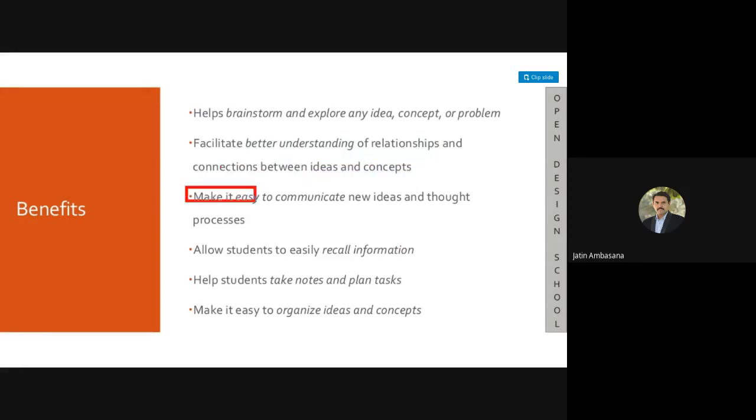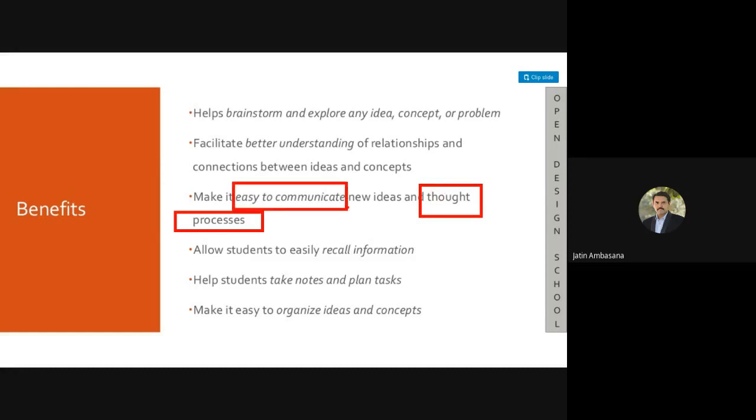And it makes it easy to communicate new ideas and thought processes. The thought processes are very important. Thought processes that you have can be easily communicated to your team members, maybe to your faculties or to your peers or to your juniors, or to the general public.